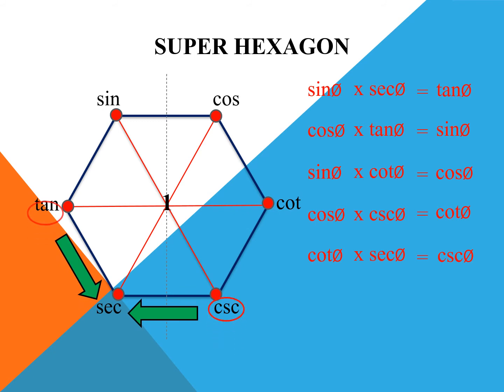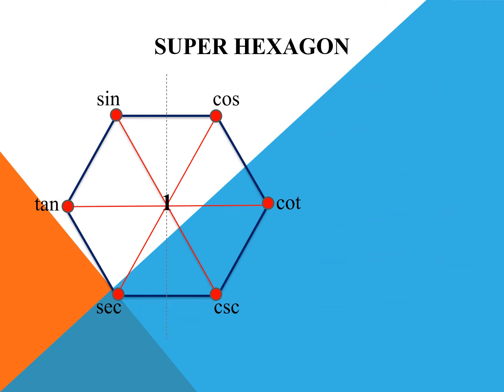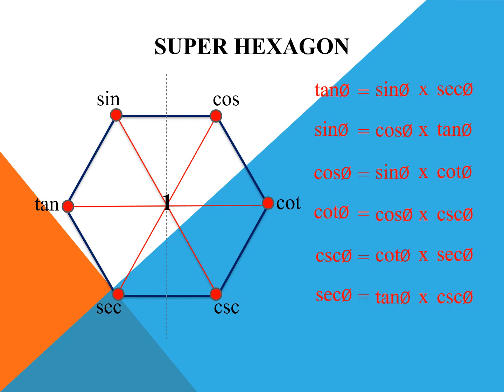Cosecant theta multiplied by tangent theta is equal to secant theta. We have another 6 trigonometric identities.